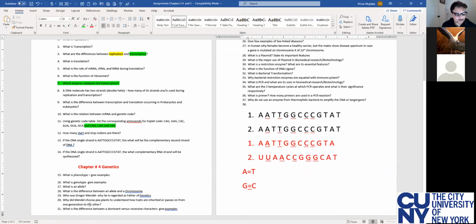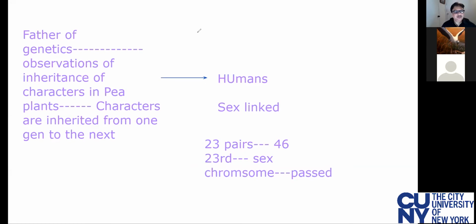Question number 6: why did Mendel choose pea plants to understand traits? So Mendel did a lot of hard work, but he was very lucky. He was not observing in humans, because in humans you can only observe for one generation since we tend to live longer.